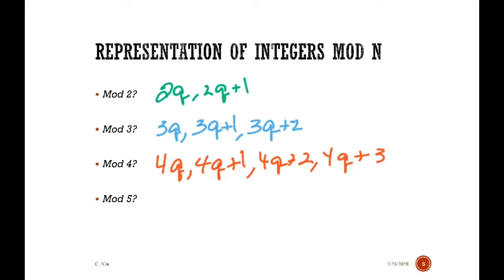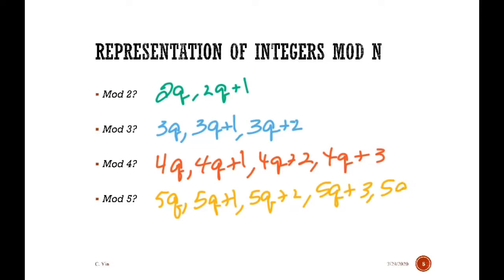So those are the 4 ways to write that. And then if you're talking about something mod 5, you could write it as 5q, 5q plus 1, 5q plus 2, 5q plus 3, or 5q plus 4. And those are your only options. You can't have anything bigger than 4. You can't have anything smaller than a remainder of 0.